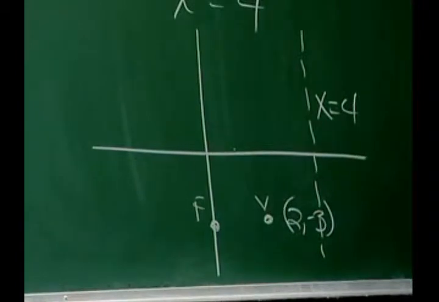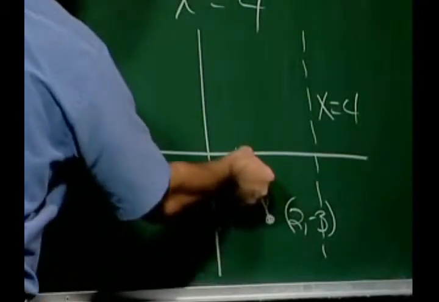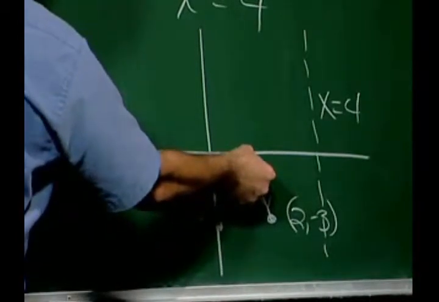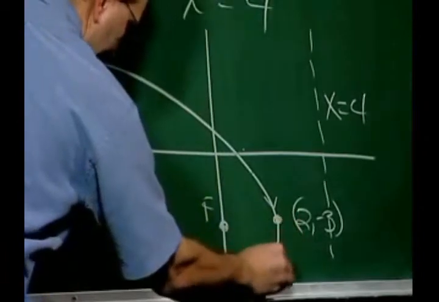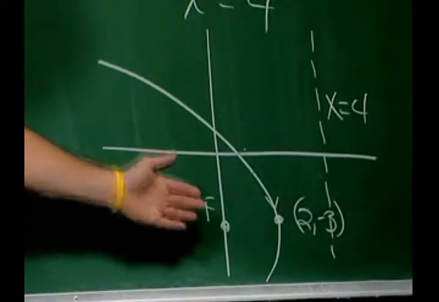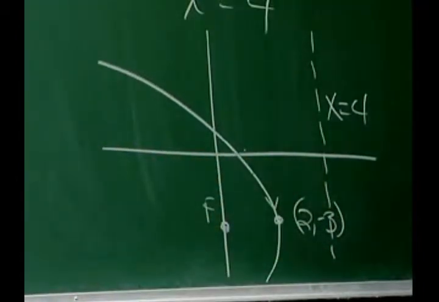And so the parabola will look like this. It opens to the left, the focus, vertex, and directrix all lined up.